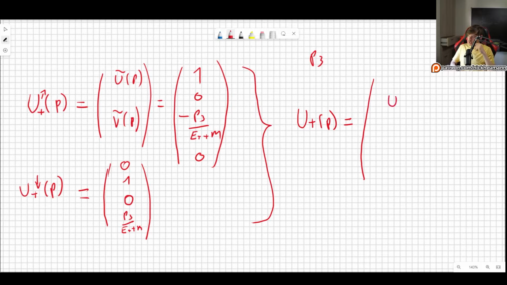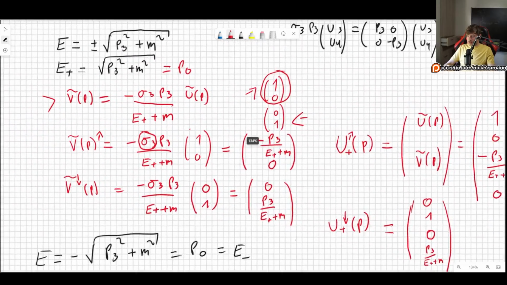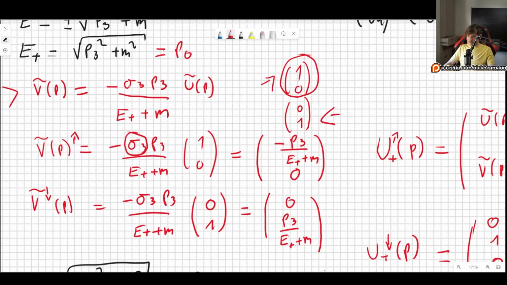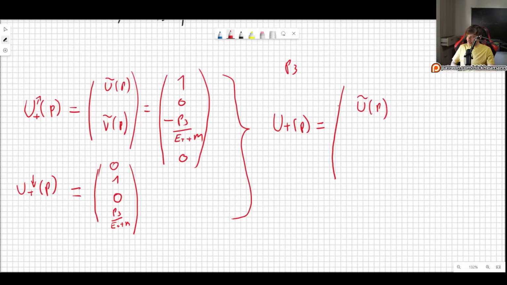So this is u tilde of p, and we know the expression for v of p, which is exactly this. So it is minus sigma 3 p3 divided by e plus m times u tilde of p.